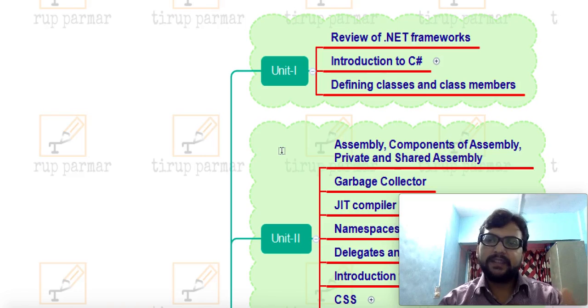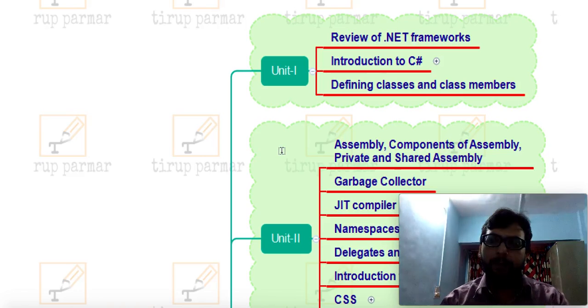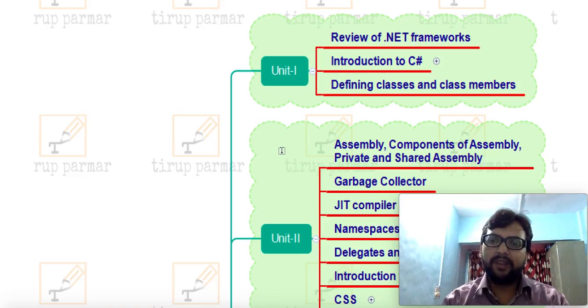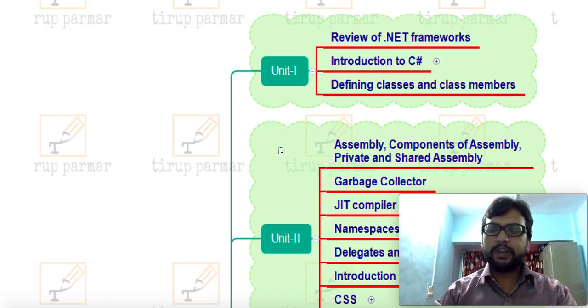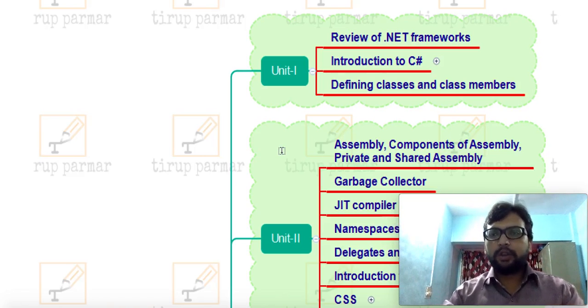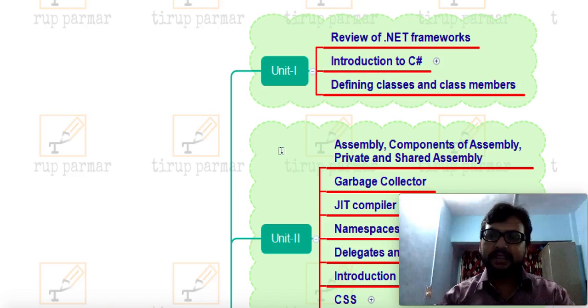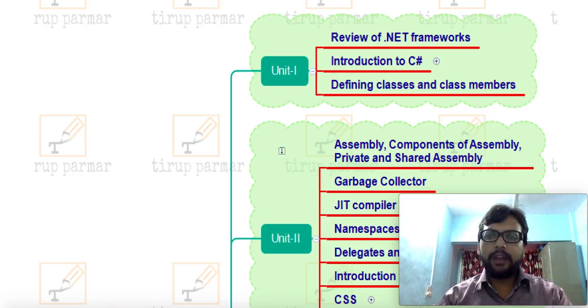The best features from all these languages are combined together, and the name given to this particular language is C Sharp. I hope this point is clear. You will find syntax which is very much similar to Java. So if you know basic Java, then you can easily code in C Sharp, or if you know C Sharp, then you can easily code in Java as well.